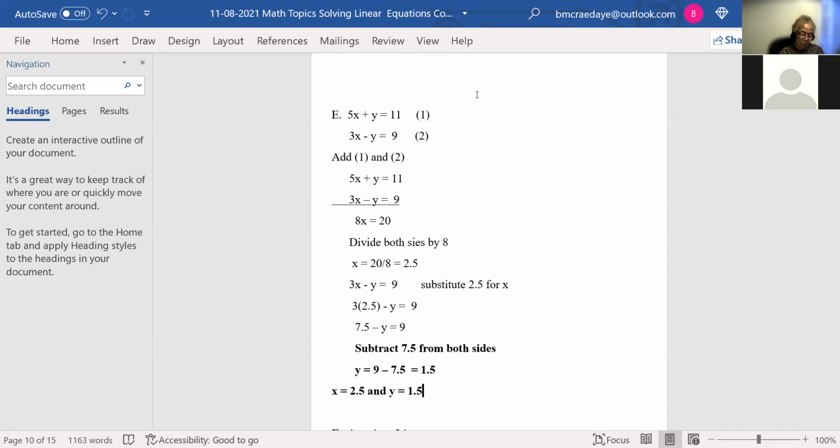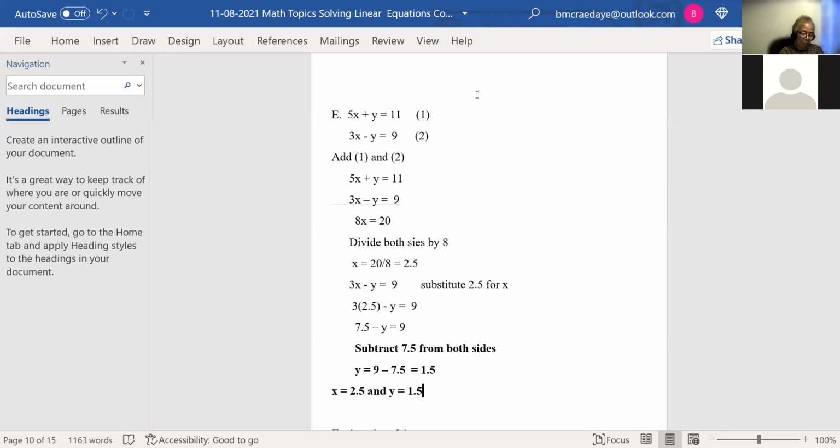X is 2.5. Y is... Oh, you know what the problem is?